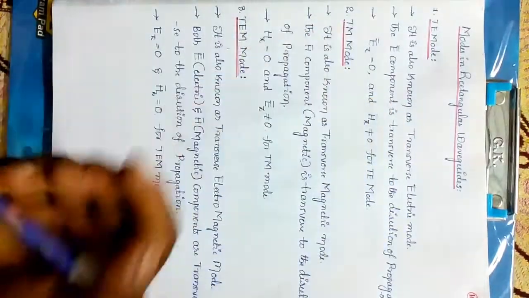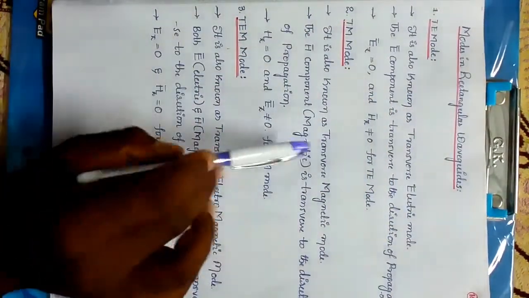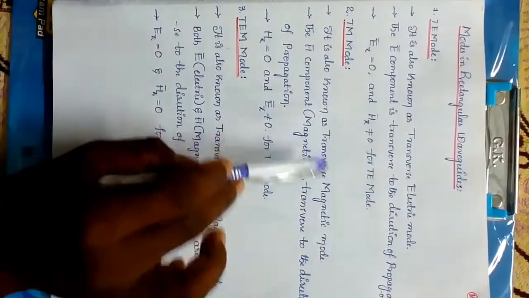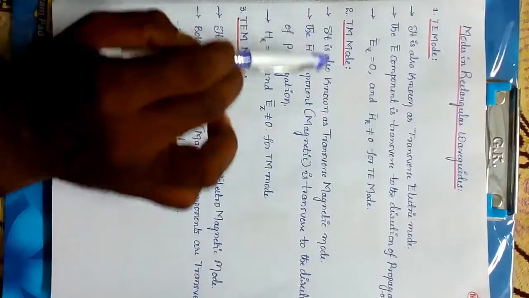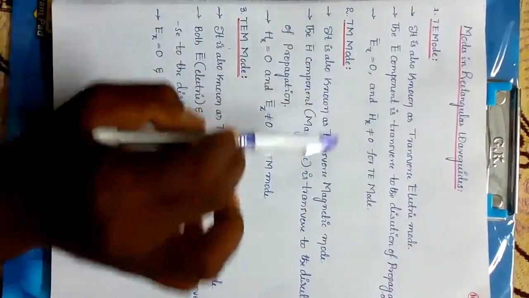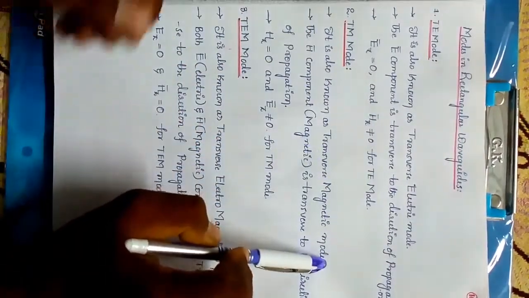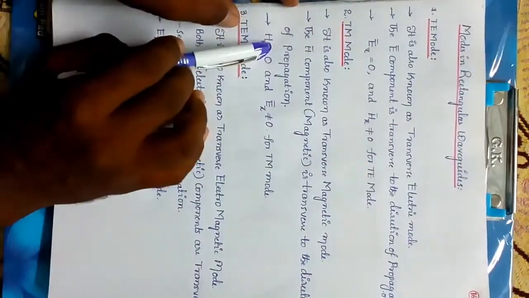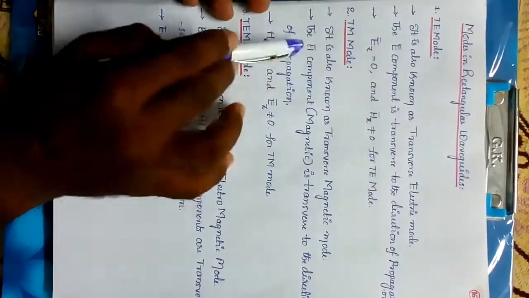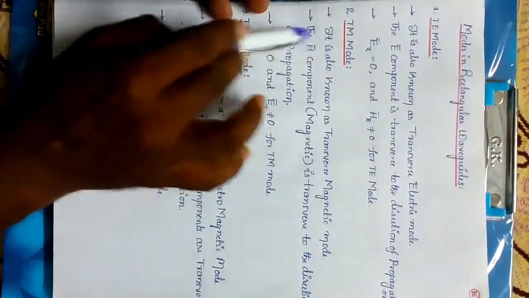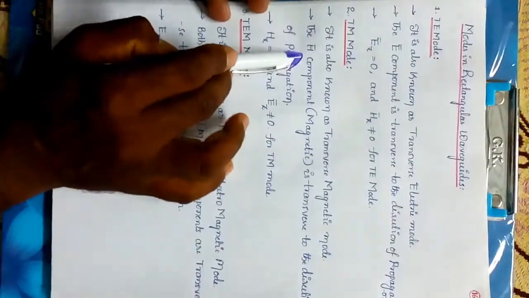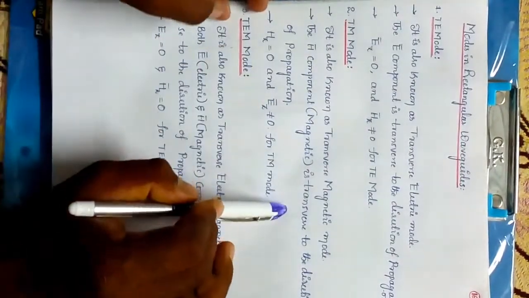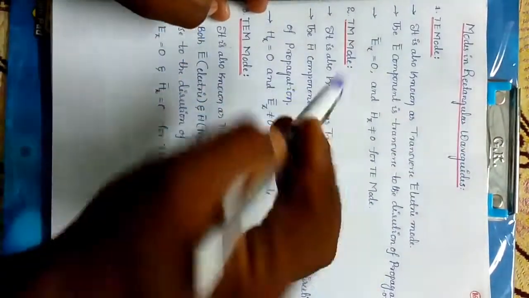The TM mode is also known as transverse magnetic, and the shortcut name of transverse magnetic is simply TM. The definition of TM mode is that the H component, the magnetic component, is transverse to the direction of propagation of that particular waveguide.